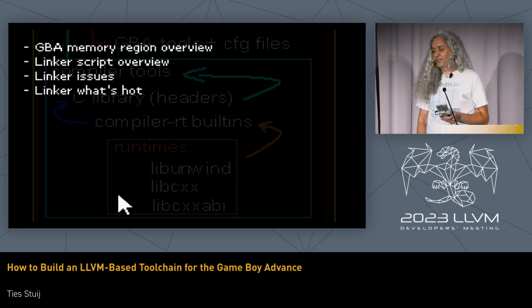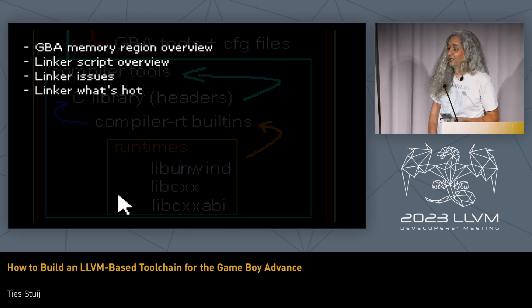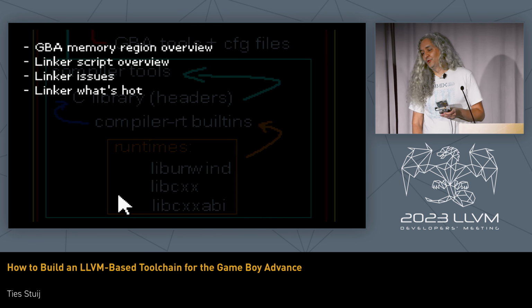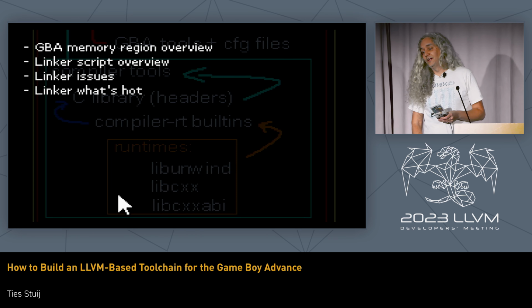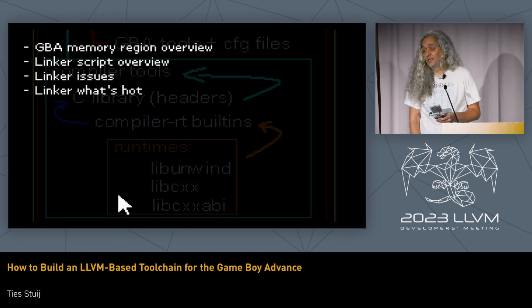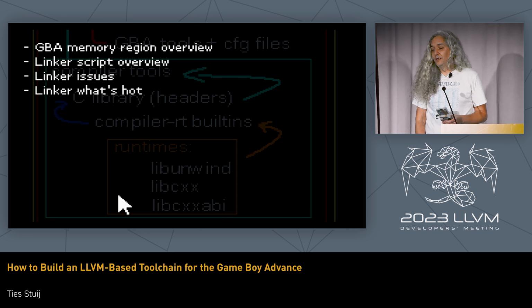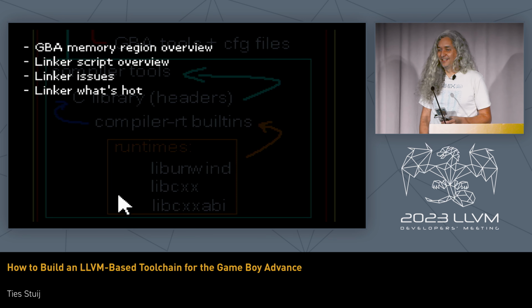So I broke this up a little bit. First, I'm going to talk about the Game Boy Advance memory region overview, because it's handy to explain some linker concepts. I'm going over the embedded linker setup a little bit, since not everybody might be familiar with that. I'm going over linker issues and, again, what's hot in the linker space.